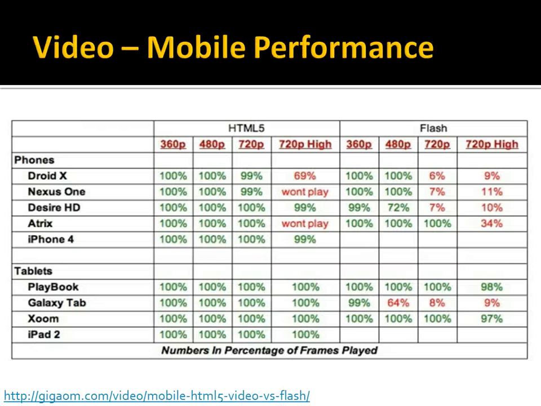Now there are some problems obviously with Flash performance on mobile, and that's one of the things that we've been talking about. The reasons for these problems are really about the interaction with the devices themselves and the fact that Flash was kind of new on the mobile devices.